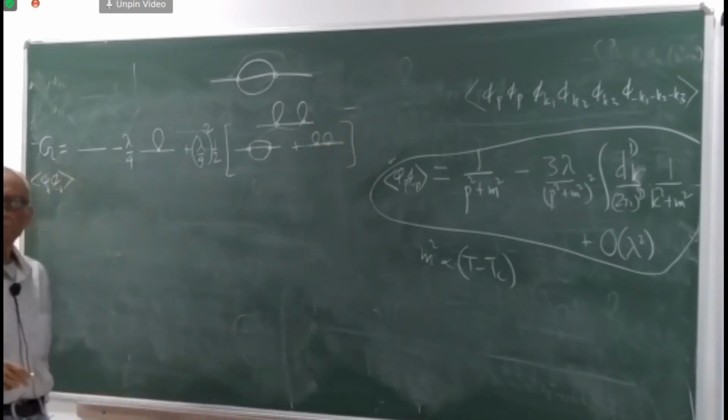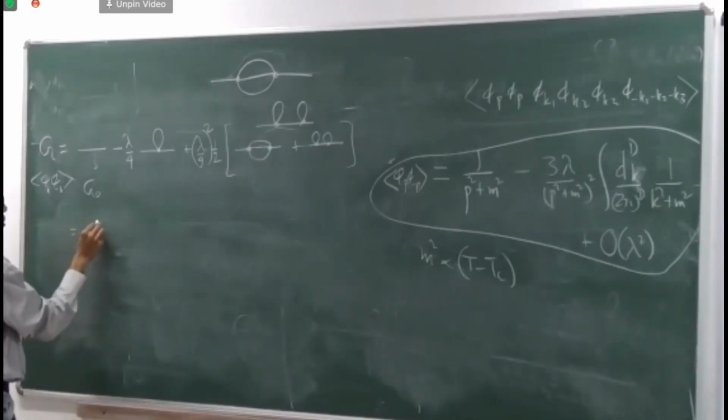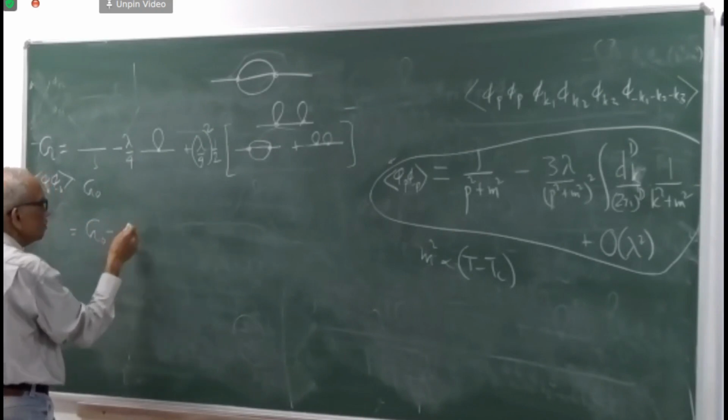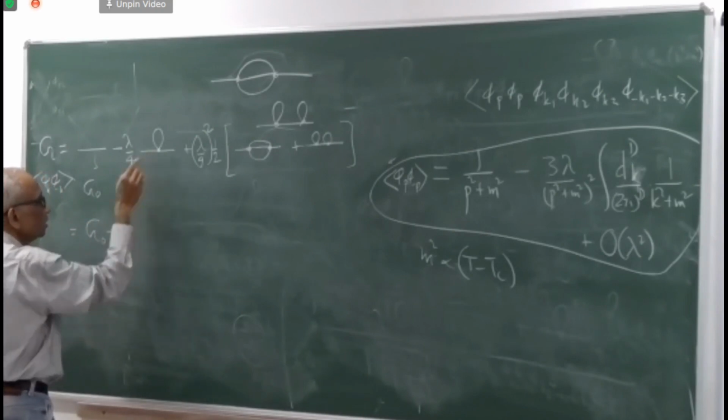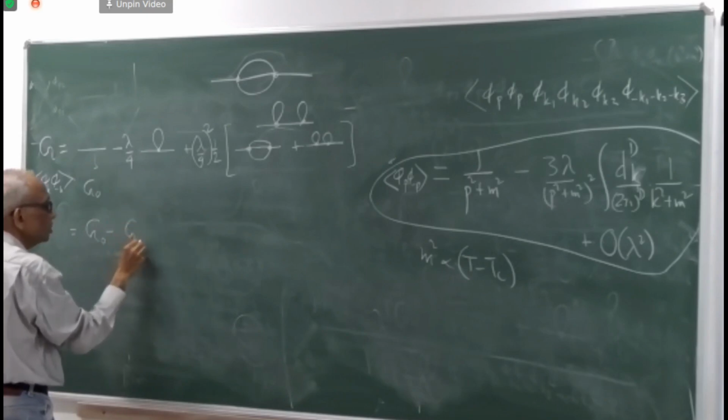All of this, if I call this G0, then this has the structure: this is equal to G0 minus the coupling constant, which is over here.